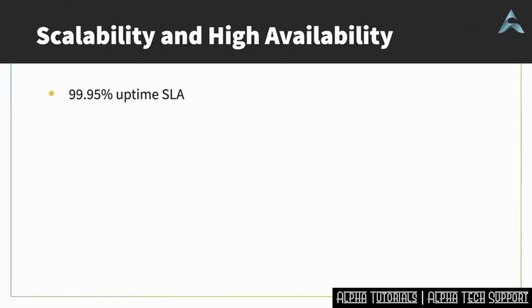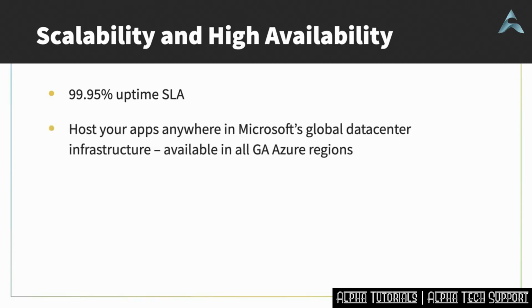So we guarantee this when we're using the Azure App Service. Also, we can host our app anywhere in the Microsoft global data center infrastructure, because the Azure App Service is considered to be a core service. That means it is available in all the regions that are currently in GA. GA, by the way, stands for general availability.